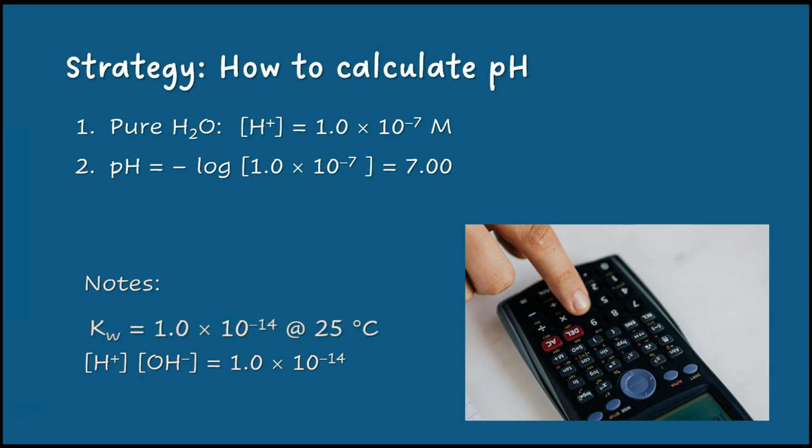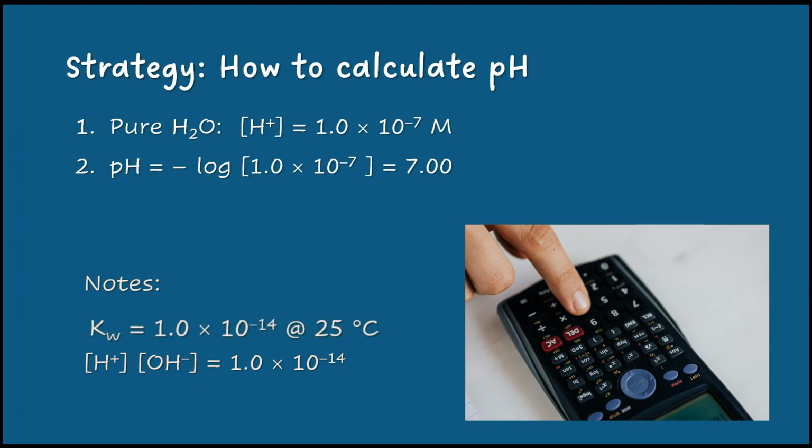Typically, you can just remember the situation and don't need to actually do the calculation, but here's why it works. We know that in pure water, the concentration of H plus that dissociates is related to the autoionization constant of water, or Kw. At 25 degrees Celsius, Kw equals 1.0 times 10 to the negative 14 out to 2 sig figs.